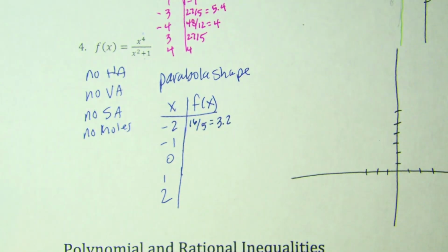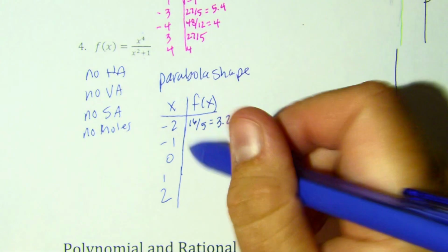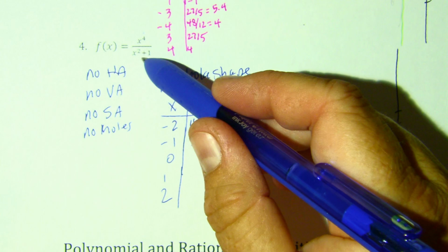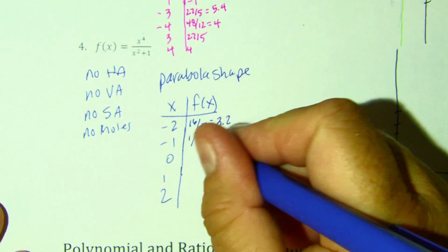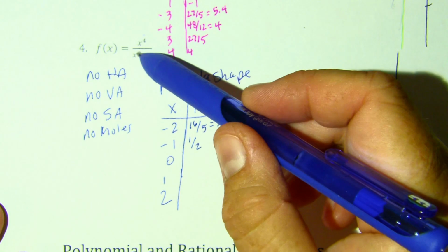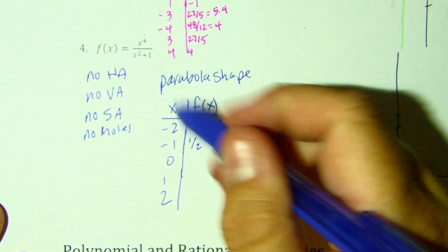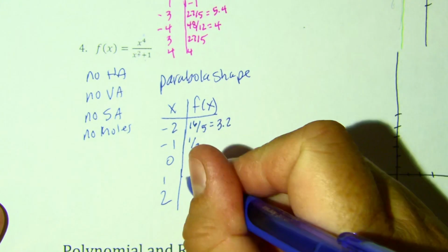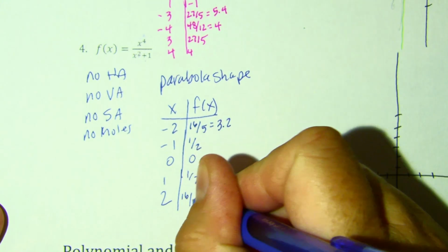Okay. Plugging in -1. -1 to the fourth power is 1. -1 squared is 1, plus 1 is 2, so 1/2. Plugging in 0, 0 divided by 0 plus 1 is 1, 0 divided by 1 is 0. And plugging in 1 and 2 is going to give me the same values here, 1/2 and 16 over 5.